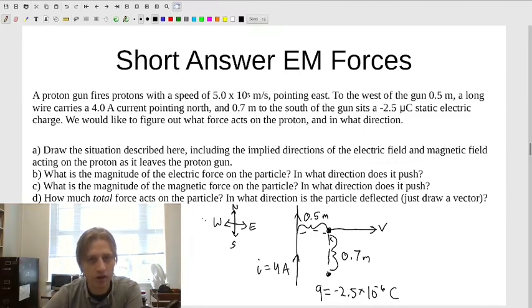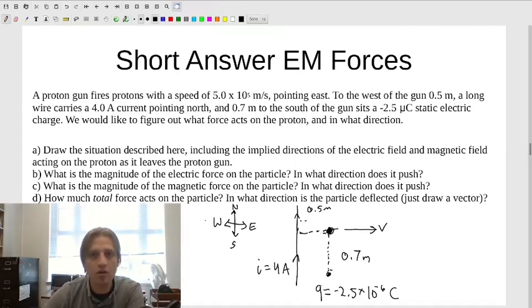Okay, so we've drawn the situation here, including the implied direction of the electric field and magnetic field. So let's figure out what directions our electric field and magnetic field are going to be. Let me clean this up a little bit. There's my 0.5 meters, here's my 0.7 meters, there's the charge.